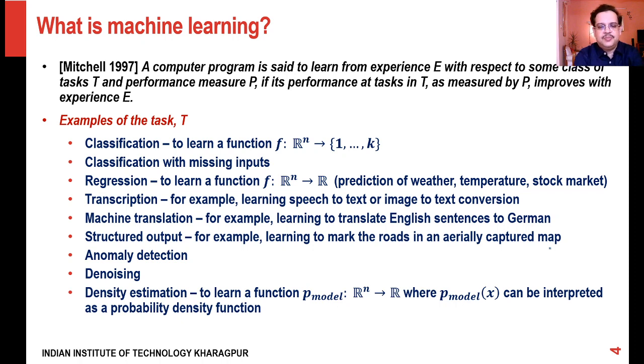We may at some time also want to estimate a probability density. Instead of learning, as in regression, a function from R^n to R, we may want to learn a probability of this mapping as well. So that would be something like a probability density function, and you may map from R^n to some value between 0 and 1.